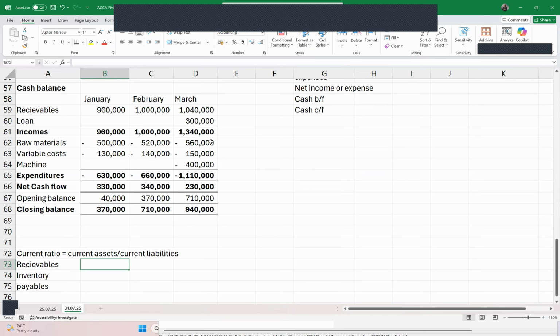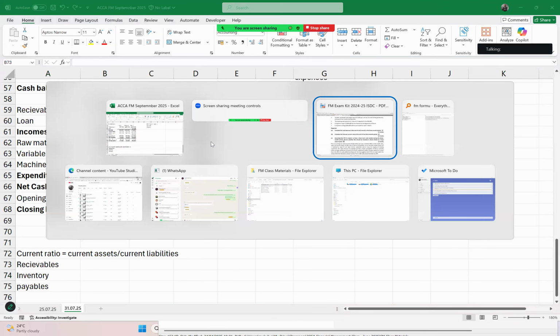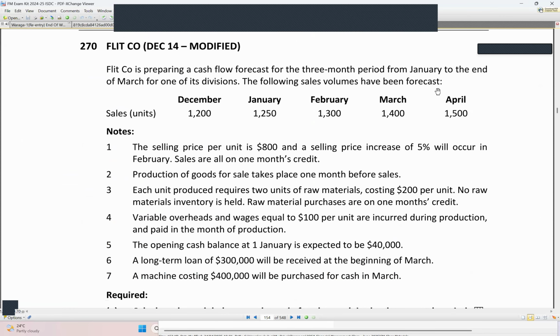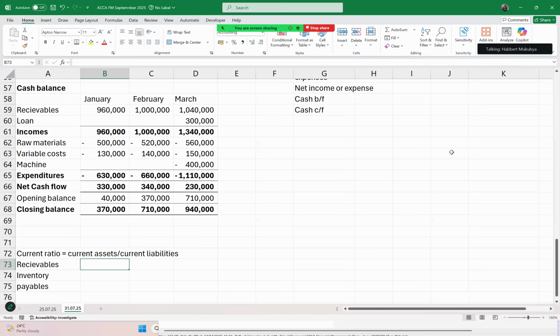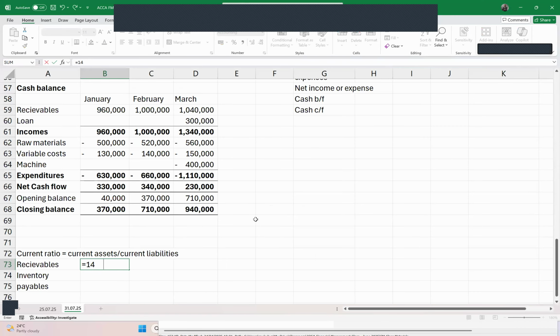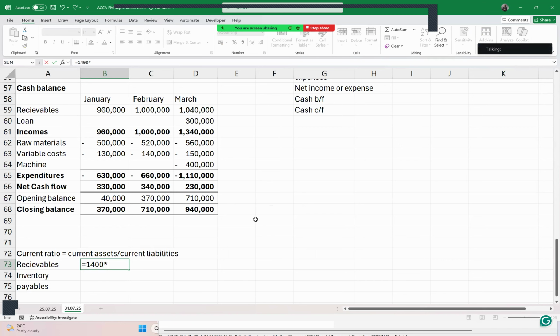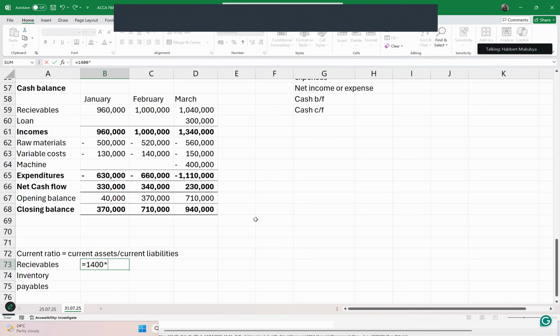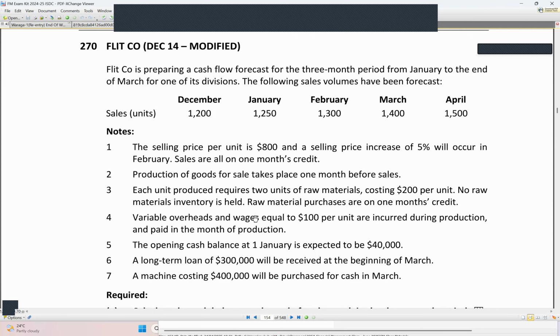So receivables, remember that the sales that you have made in March will be payable later. So that means the receivables will be 1,400 multiplied by 800. Okay, that it will be.